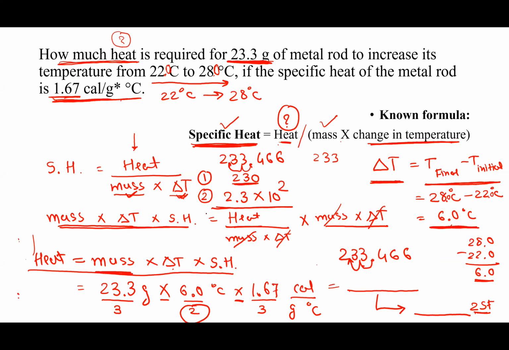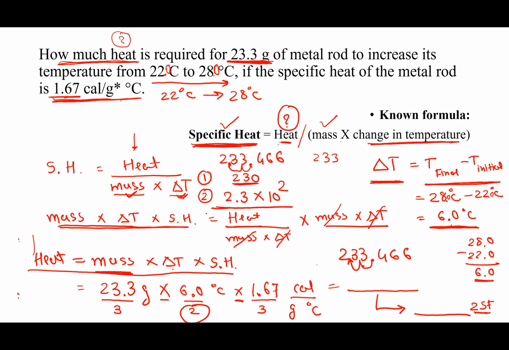Sorry, but the answer that is given after we do the multiplication for the specific heat, mass, and change in temperature is not 233.466. It's 236.262, which does not give you 230.